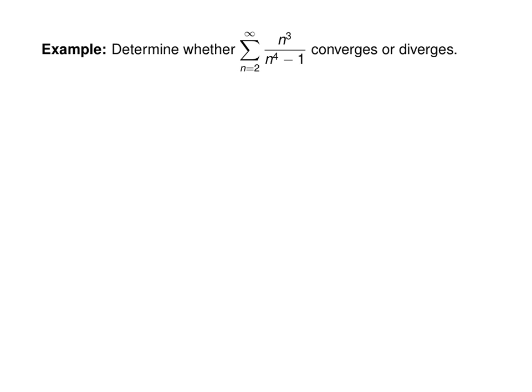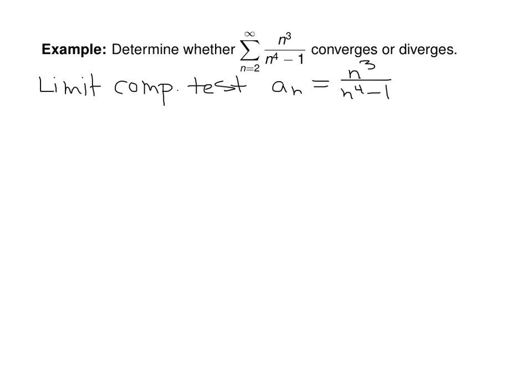So let's determine whether this series converges or diverges. When you're using a test, make sure you tell me which test you're using. I'm going to use the limit comparison test, and I'm going to let A sub n be n cubed over n to the 4th minus 1.